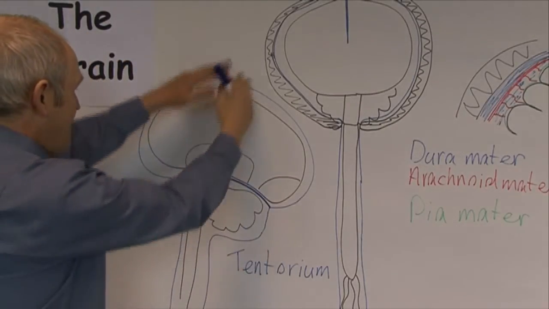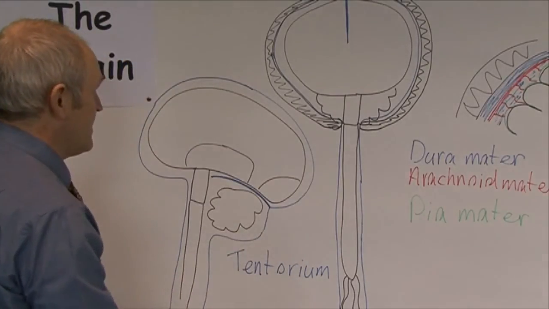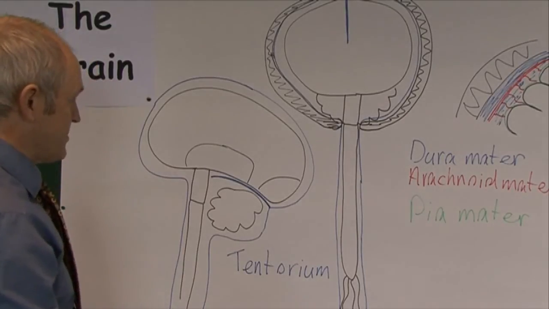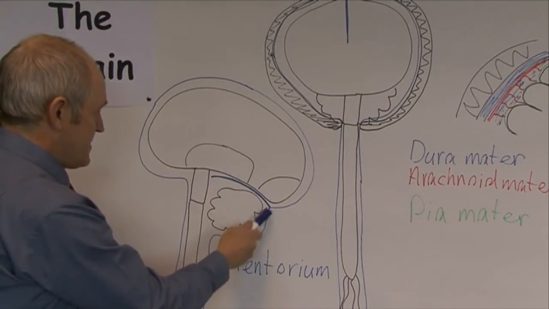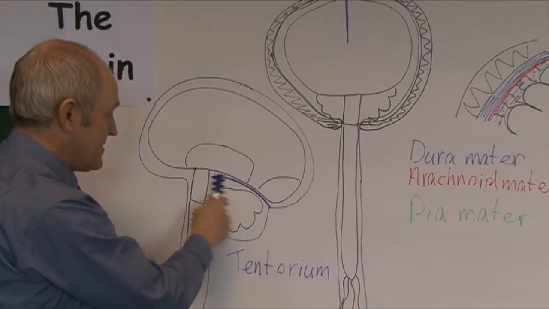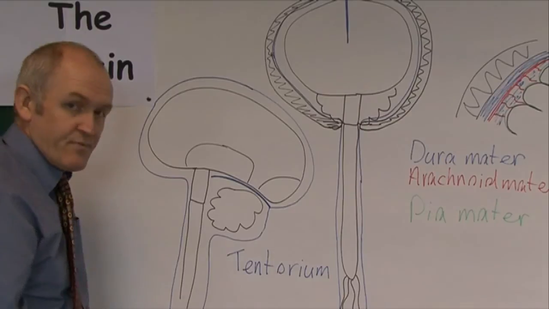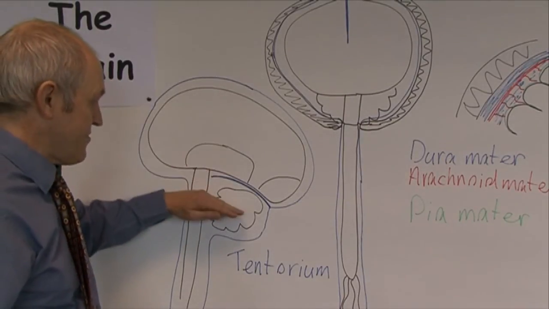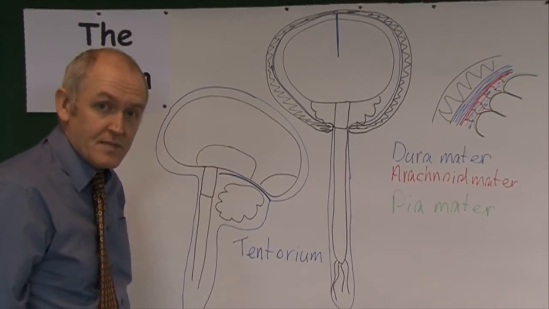So the dura surrounding the whole central nervous system, but with these two infolds of the dura. And particularly important when we come to look at head injuries is this membrane here, the tentorium, separating the supra and infratentorial compartments.